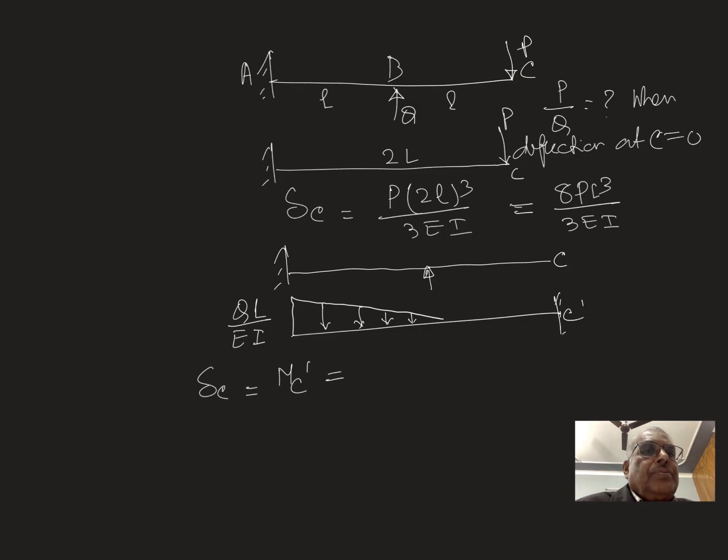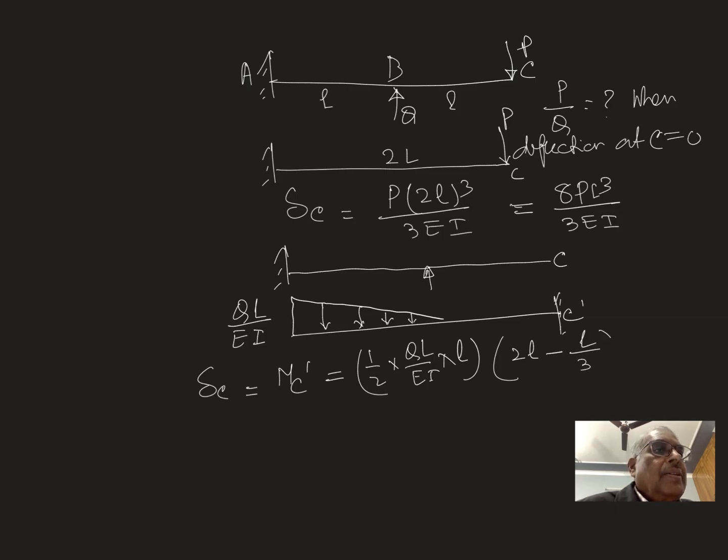So the load means area, so half into QL by EI into L. This is the load. What is the CG distance? Total is 2L minus, from this side, it will be L by 3.